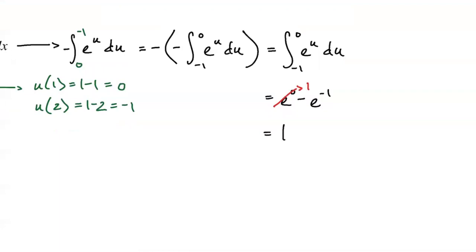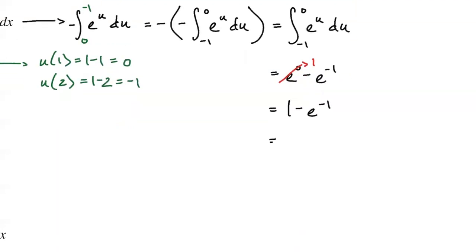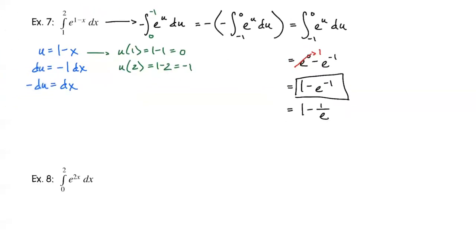So I get 1 minus e to the negative 1. I could also write this as 1 minus 1 over e. Okay, but it is fine to leave it right here. All right. Any questions on example 7?